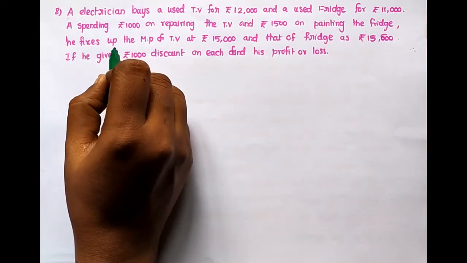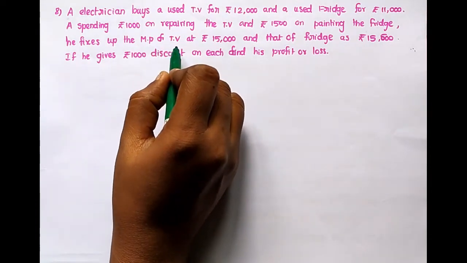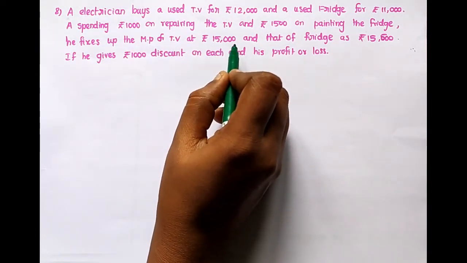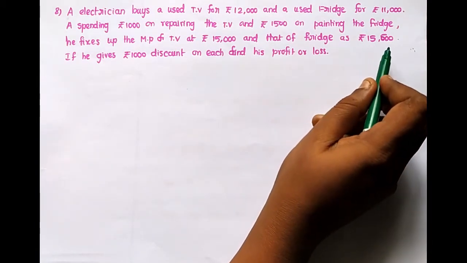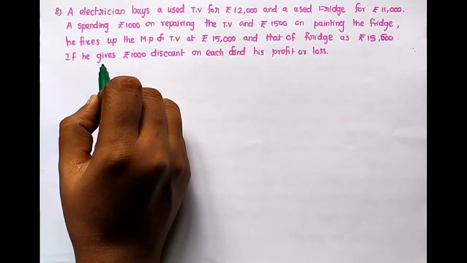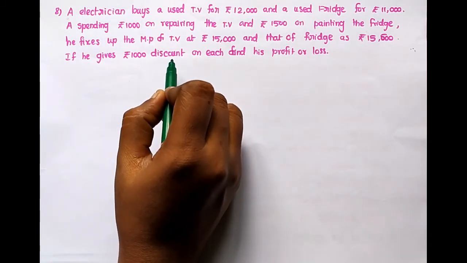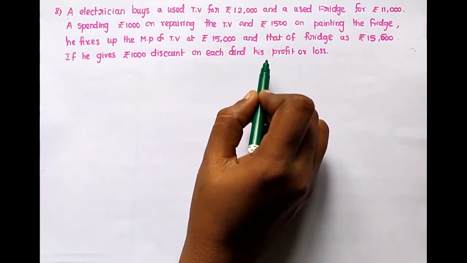He fixes up the mark price of TV at rupees 15,000 and that of fridge as rupees 15,500. If he gives rupees 1,000 discount on each, find his profit or loss.